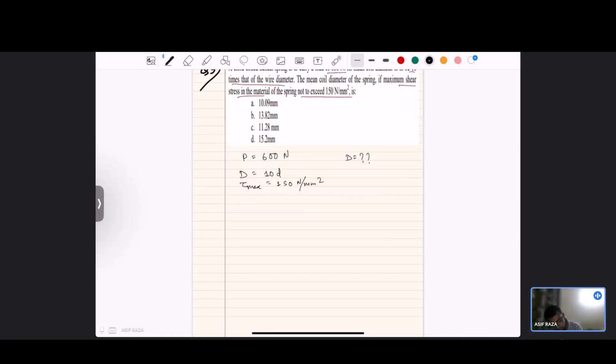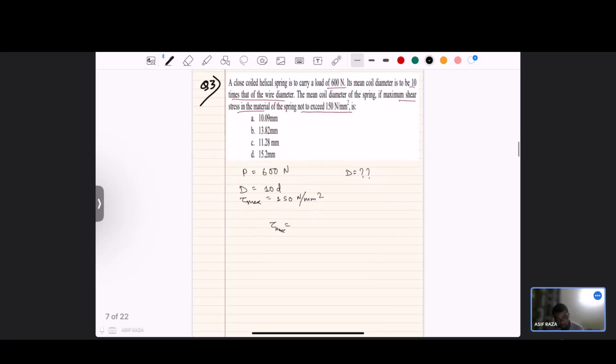Now this tau max is given using the torsion formula.